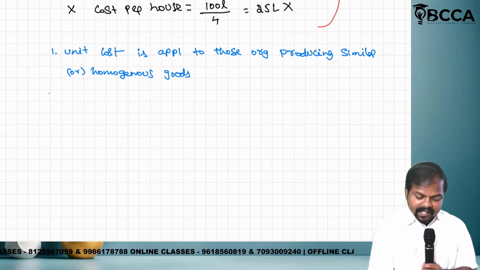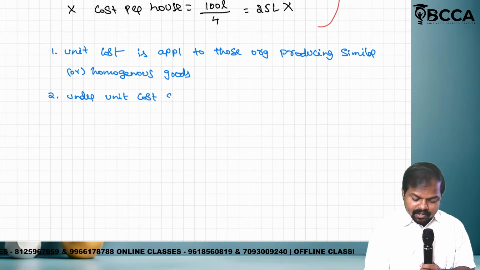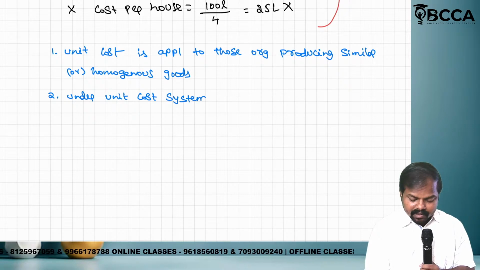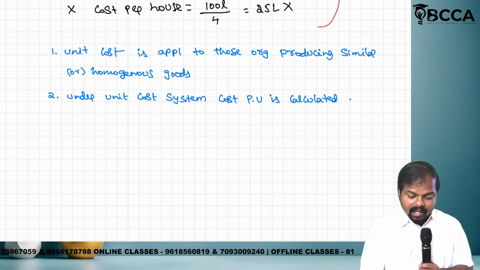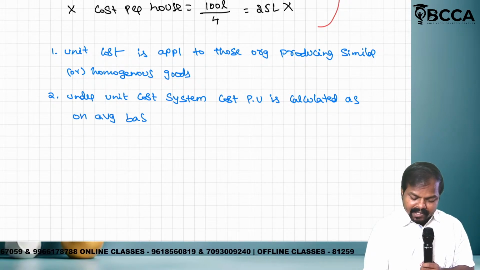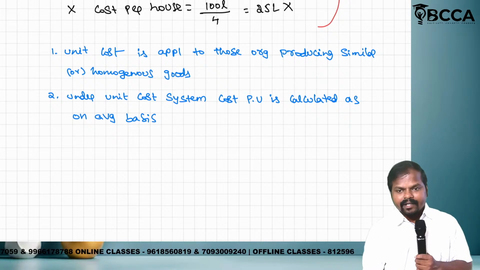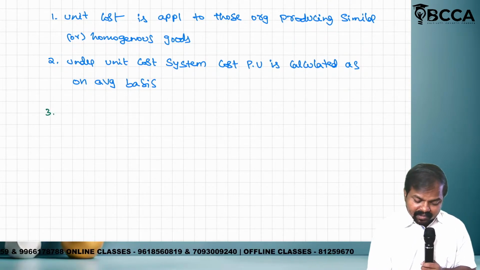Second point: under the unit cost system, cost per unit is calculated on an average basis. Correct? Excellent.